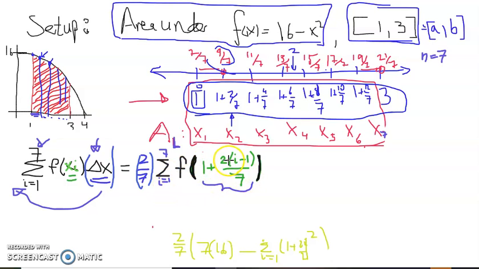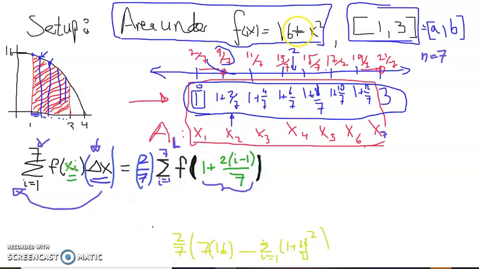As i goes from 1 to 7, you get first 1, then 1 plus 2/7, and 1 plus 4/7, and so on. But we're not even going to bother to calculate that out, because what we want is an actual result that we're going to be able to just change the 7 into an n and see what happens from there.